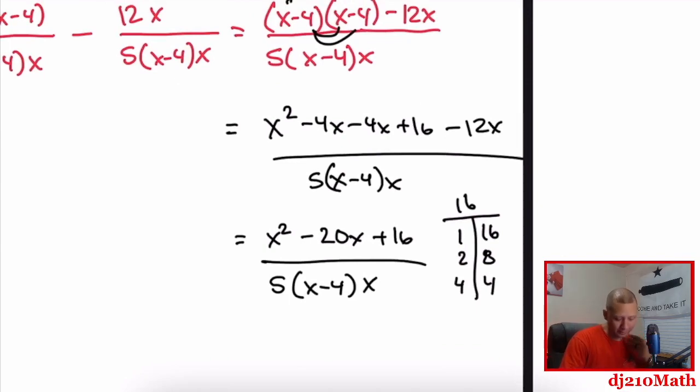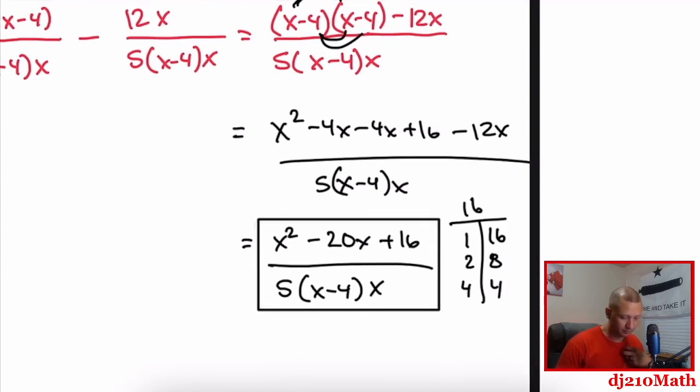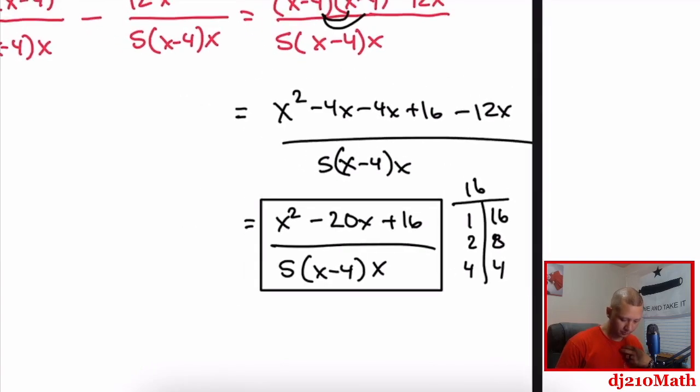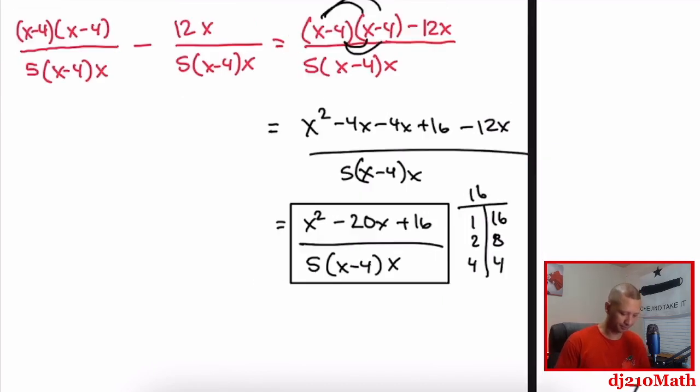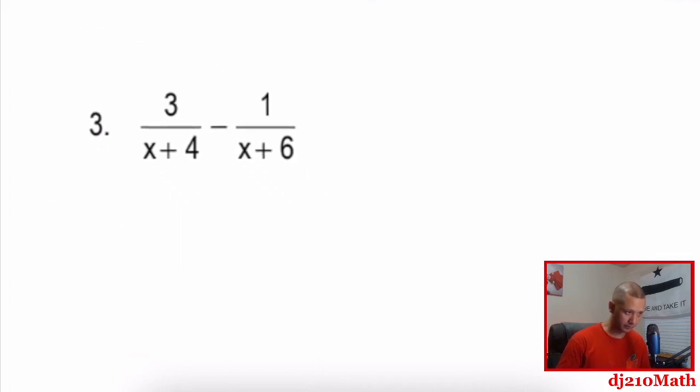Yeah, so this can't be factored. So this is pretty much the answer. We're there. So remember, always leave the denominator in the factored form. Okay. These will start to go a little bit quicker, hopefully.